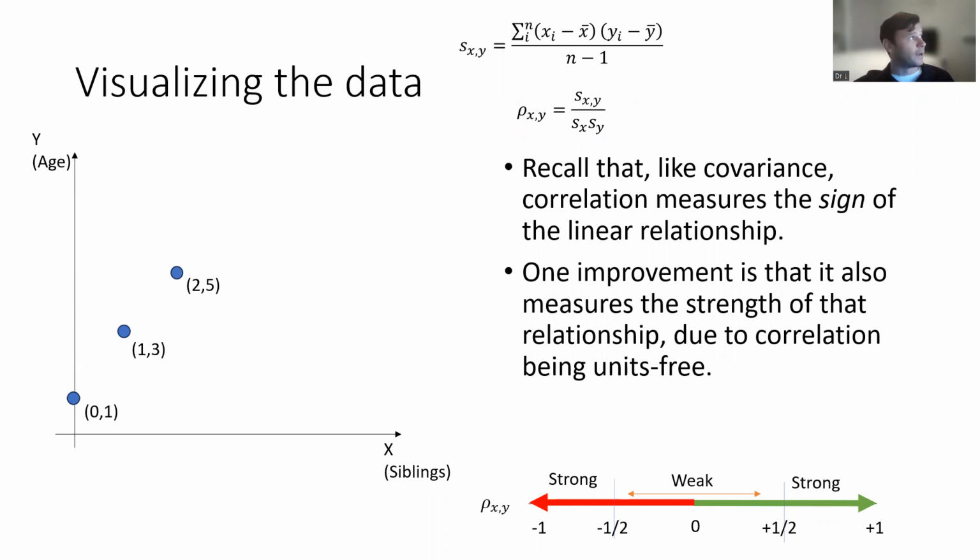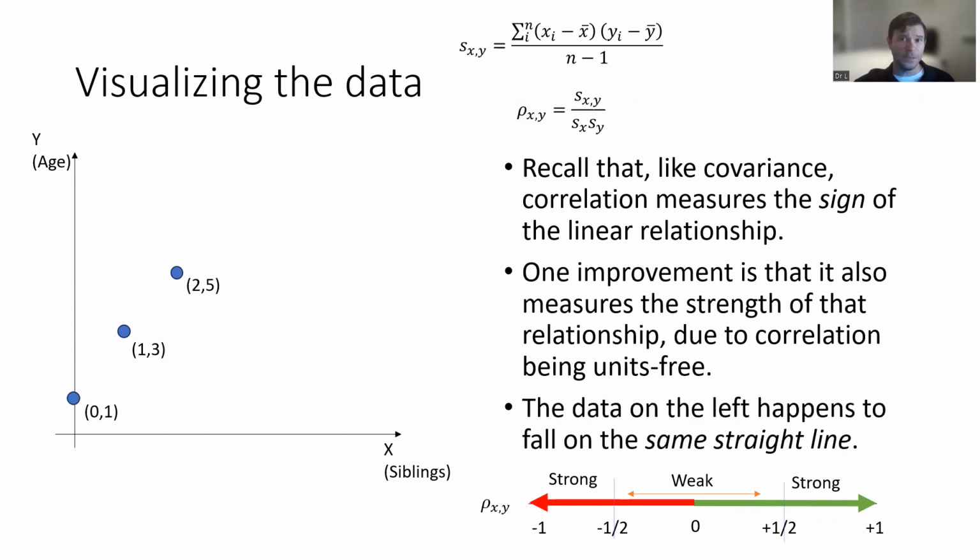Okay, now, if we recognize, back to our example, that the data on the left actually does fall on the same straight line, meaning that data exhibits a perfect positive, upward sloping linear relationship. It's on the same exact line perfectly.